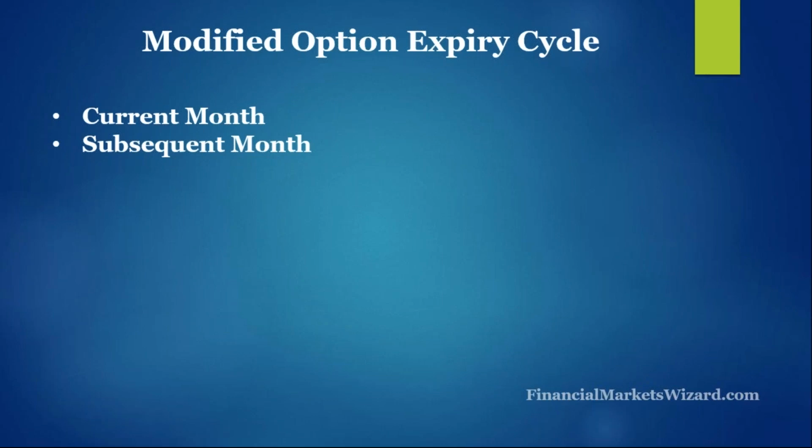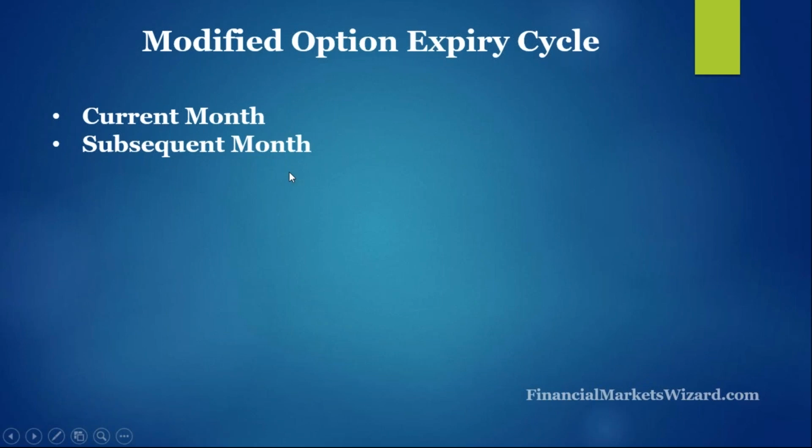The Friday is the last day because it's expiry day. Then on Monday, when you open your option chain, you will see October listed. So then we have 2 months, September and October. That's the way the option cycles work.